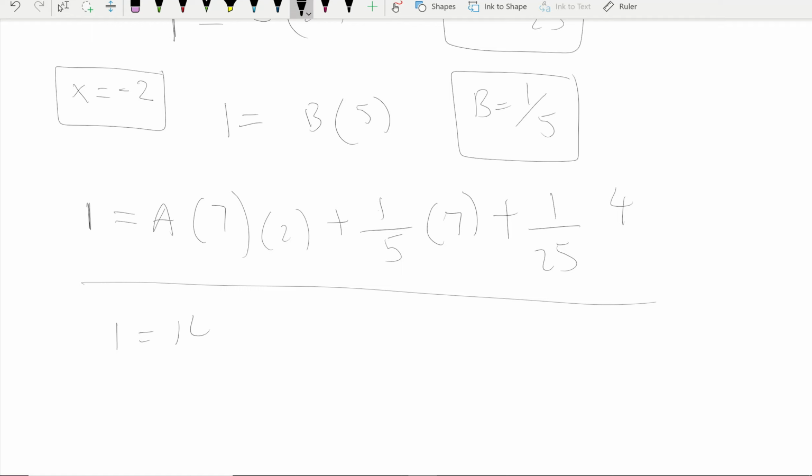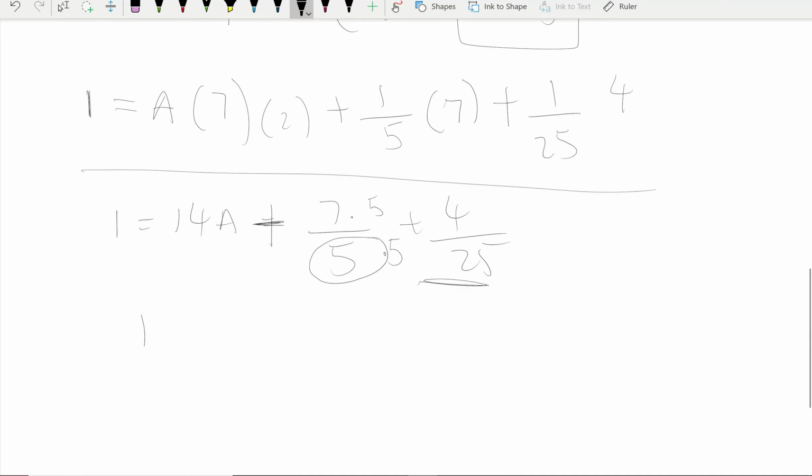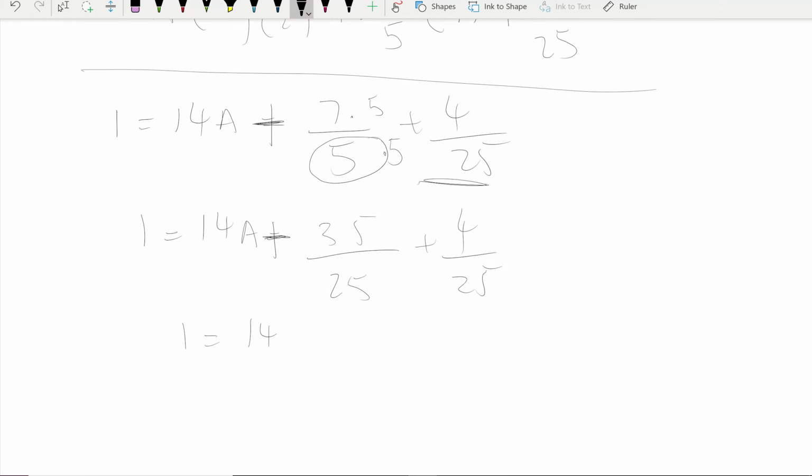So 7 times 2, it's 14A, plus this is 7 over 5, this is 4 over 25. Let's make the common denominator to add those fractions, so let's multiply numerator and denominator by 5. So 7 times 5 is 35, 35 over 25 plus 4 over 25, which is 39 over 25.